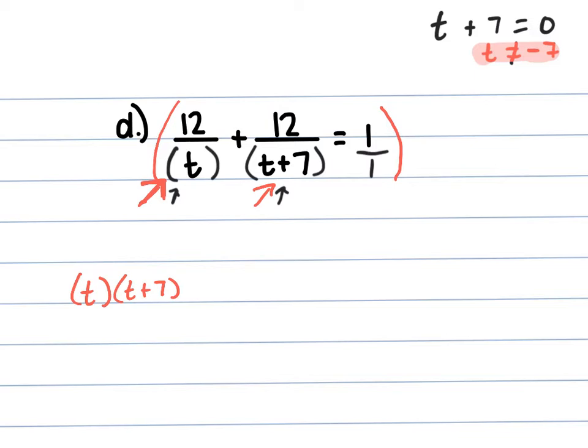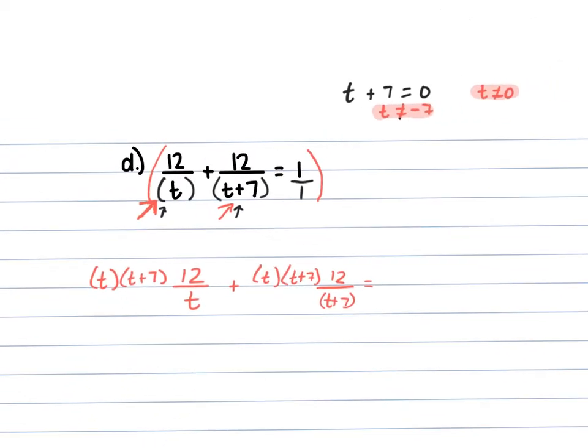So we're going to multiply the first thing by t and t plus 7. We are going to multiply the second thing by t and t plus 7. Is equal to, and then we've got that 1 over 1 will be multiplied by t and t plus 7.